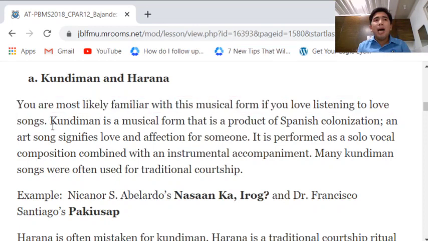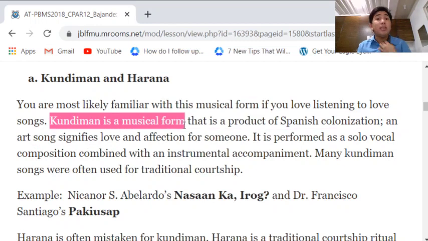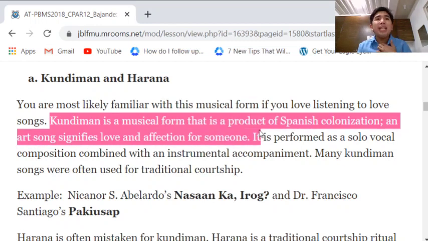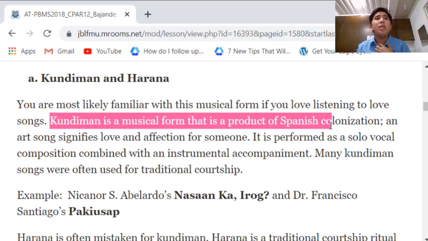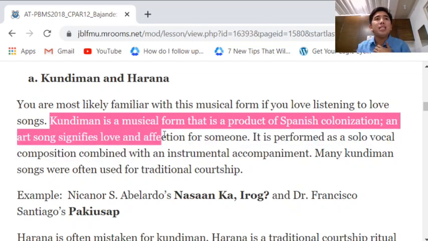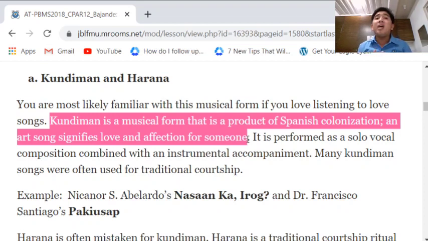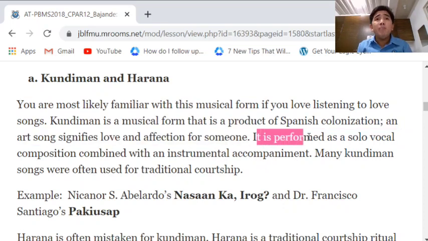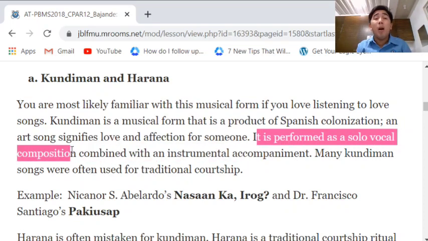Kundiman is a musical form that is a product of Spanish colonization. It is an art song that signifies or talks about love and affection for someone. It is performed as a solo vocal composition.